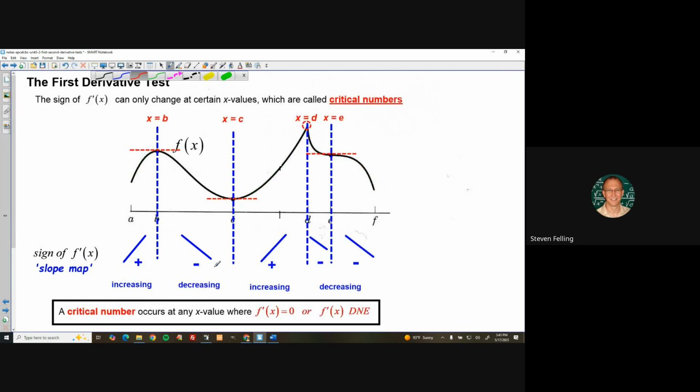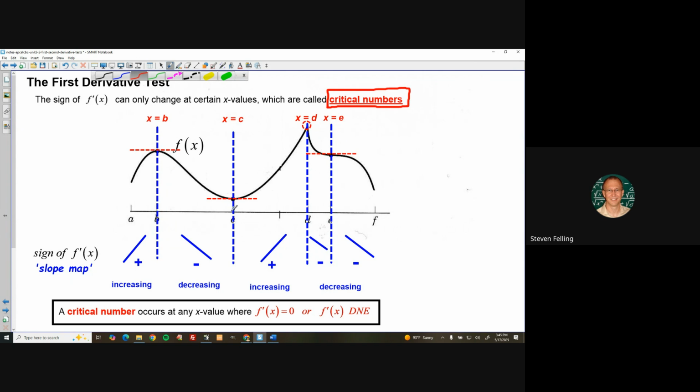Okay, now the places where it changes from positive to negative, those are called critical numbers. If we're talking about the x location, and if we have points attached to them, those are called critical points, right? So something is critical when the first derivative changes sign, or it has the potential to change sign.